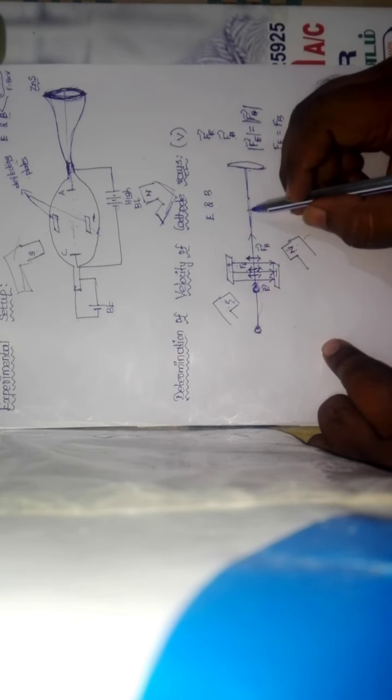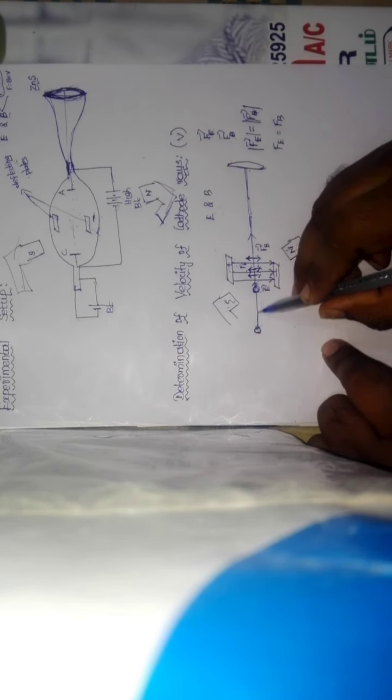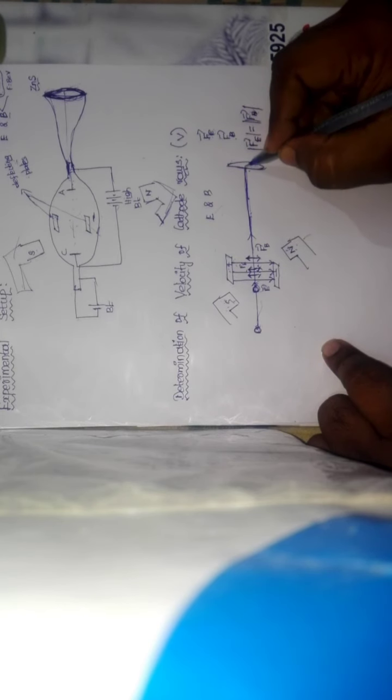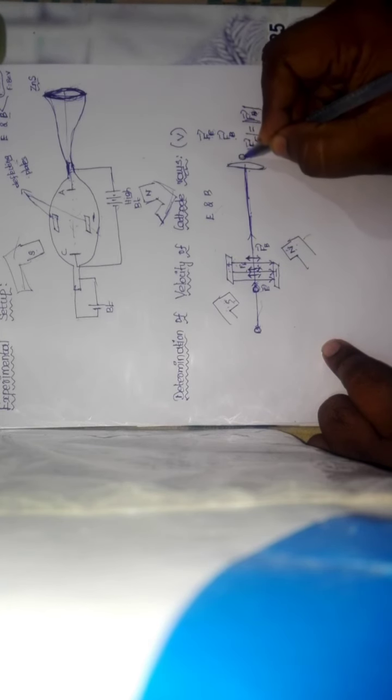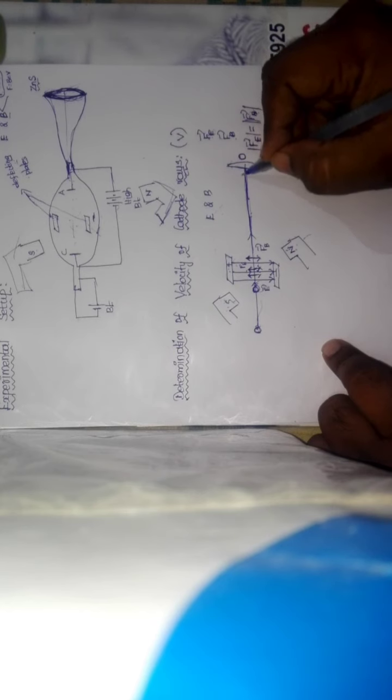That is Fe equals Fb. At that time there is no deflection. The cathode ray hits directly and goes straight. So this original position is taken as O. There is no deviation.